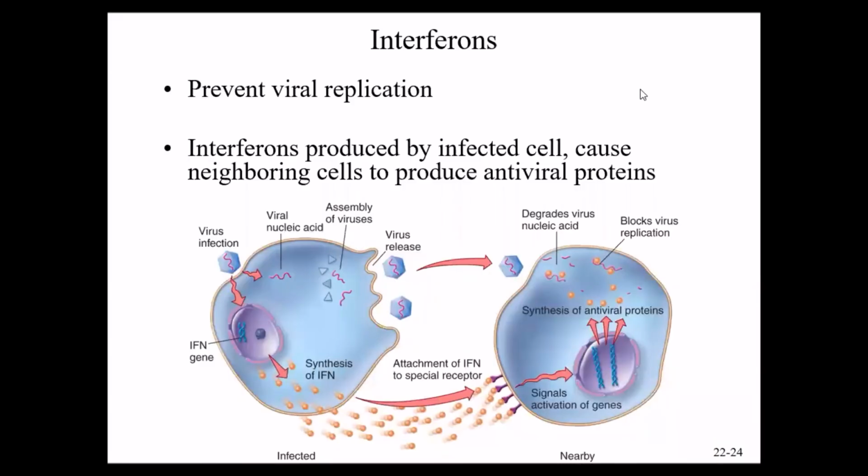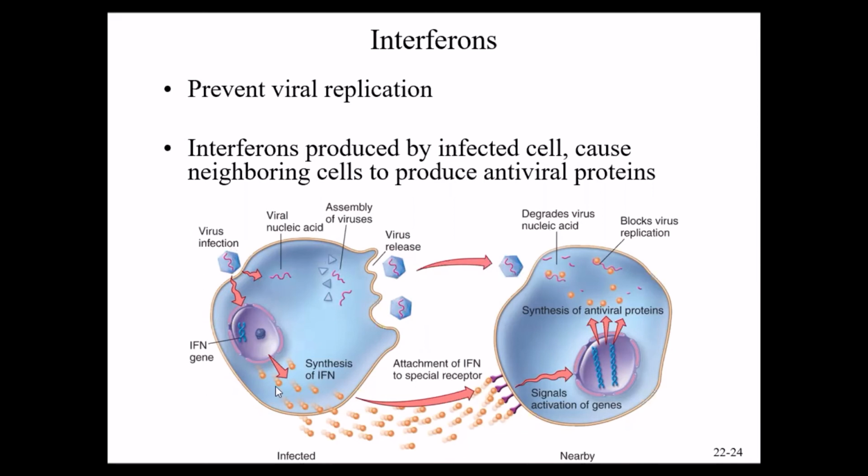Another type of chemical that you have is something called an interferon. This is another type of cytokine, and it mainly tends to help prevent the process of viral replication. So in the diagram, you see a cell here on the left that has been infected with some kind of virus. Once a virus infects a cell, it starts to make more virus particles, and eventually the virus gets released and tries to find another cell to infect.